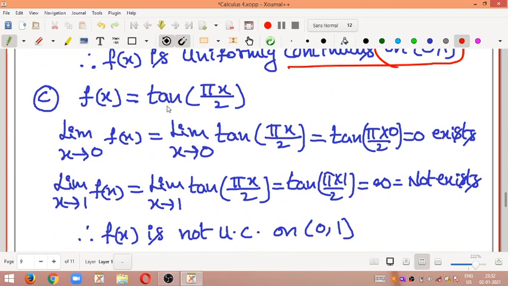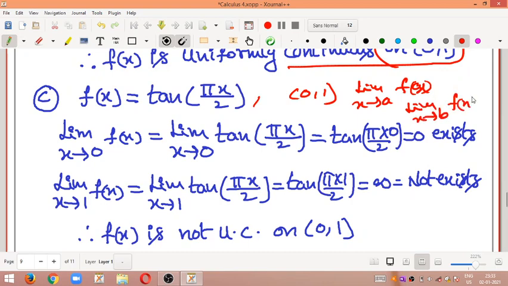f(x) = tan(πx/2). We all know that the trigonometric function is continuous, so the first step is satisfied. We check the second step: the limit as x tends to a of f(x) and the limit as x tends to b of f(x).